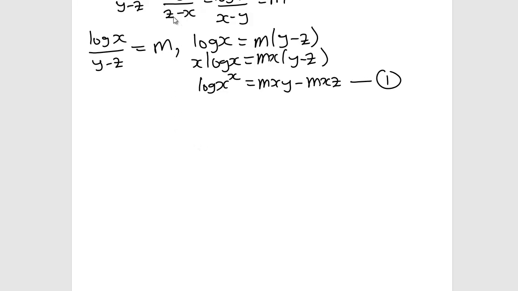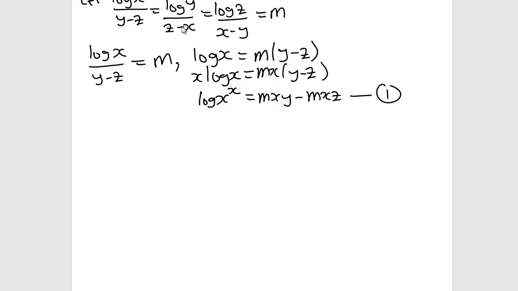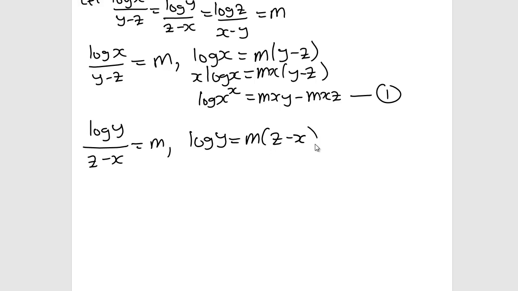Now let's do the same for the next term. The following term is log of y all over z minus x equal to m. Now I multiply through by the denominator, so we are going to have log of y equal to m into z minus x. So from here we multiply through by a new variable, and the variable is going to depend on what is over here.